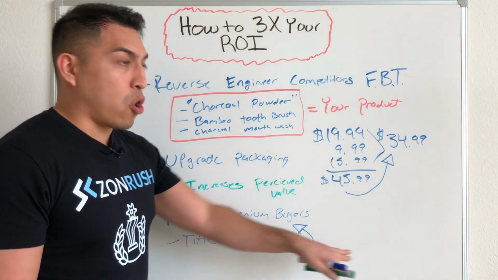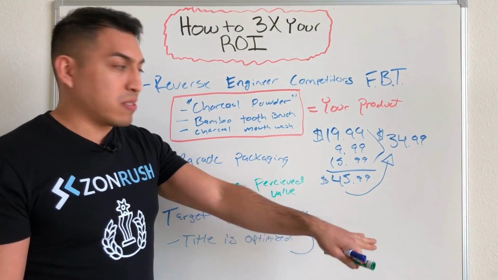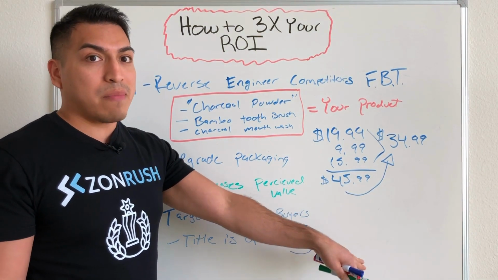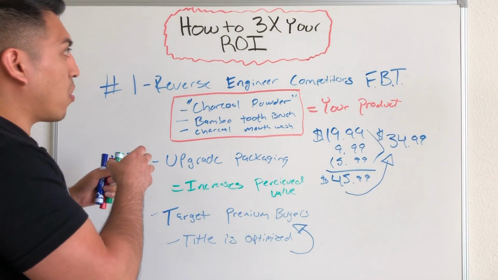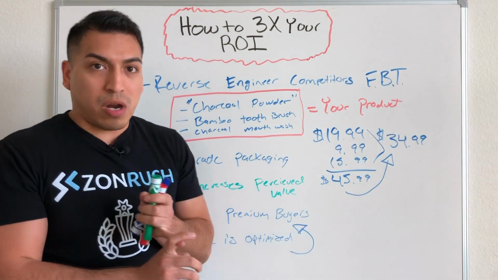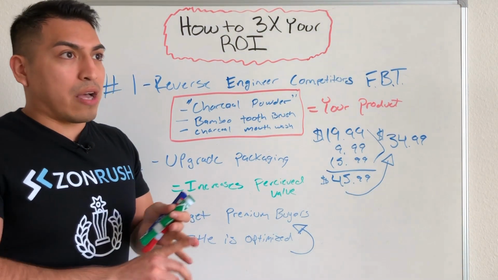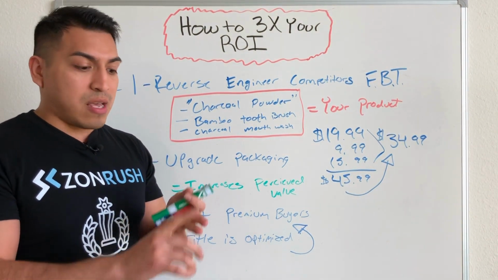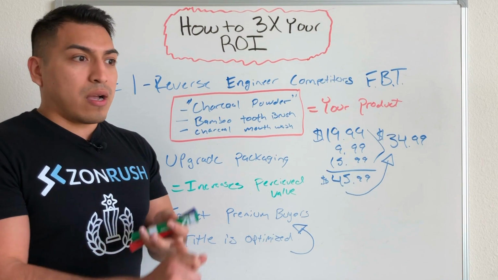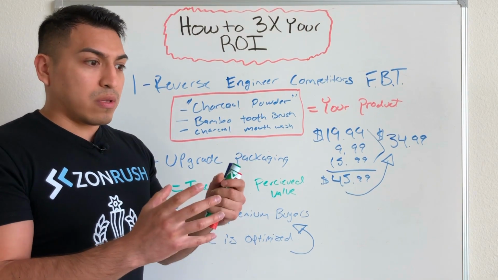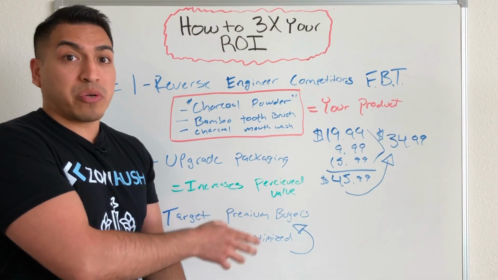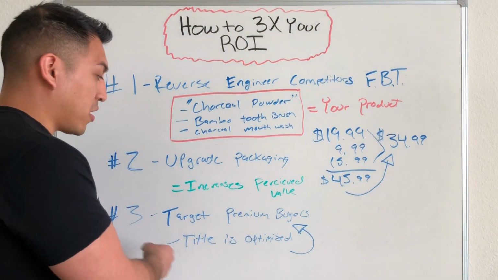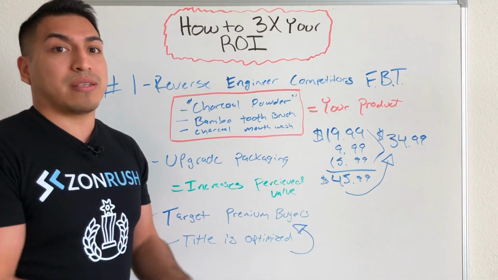But when you're able to target your premium buyer, so this is something you're gonna have to know ahead of time, you'll already know who's going to be in your product photos. You already know how your SEO is going to be optimized, and you're going to see how low the competition generally is for targets that are niched down.